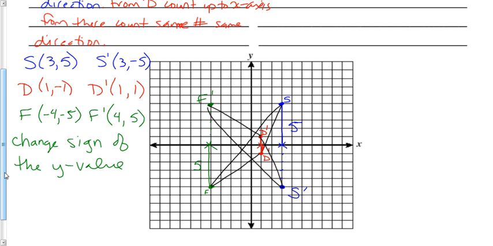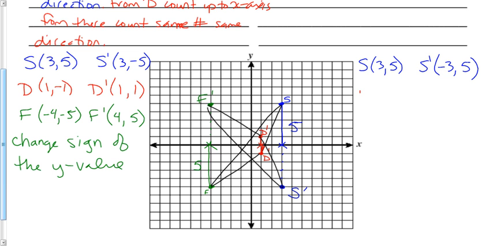Now, we end up doing the same idea with the y-axis. I'm just going to go ahead and tell you what happens. Instead of changing the sign of the y values, we end up changing the sign of the x values. I would have you do that right here, but right now your graph is a little bit cluttered. So I'm going to just write down like we did before. S was at (3, 5). My S prime would be at (-3, 5).